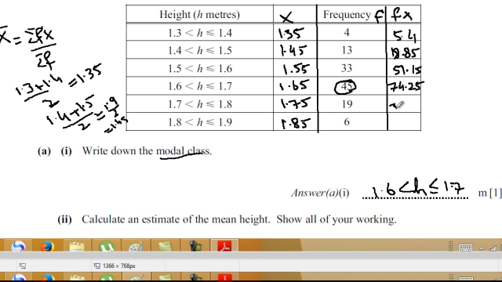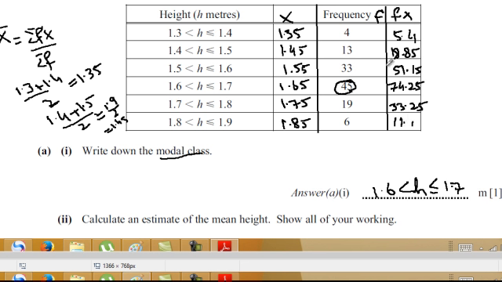Then 19 times 1.75 gives 33.25. How I got these values is to simply multiply f with x: 4 with 1.35, 13 with 1.45, 33 with 1.55, 45 with this, 19 with this, and 6 with 1.85 gives us 11.1.